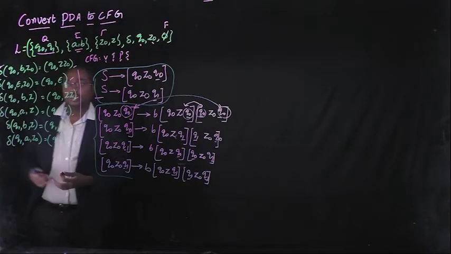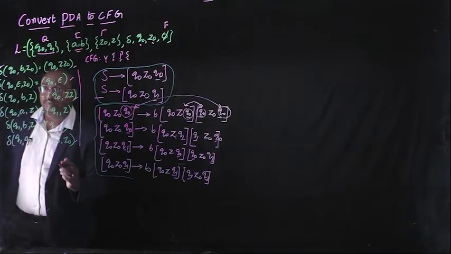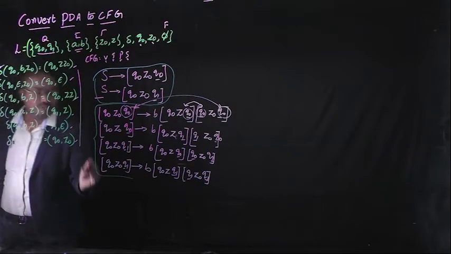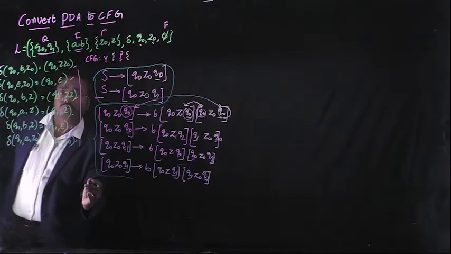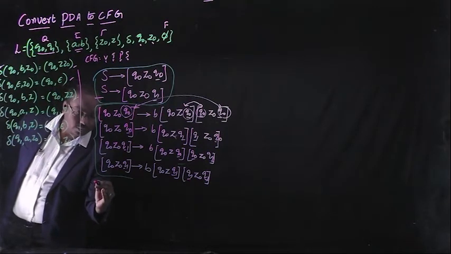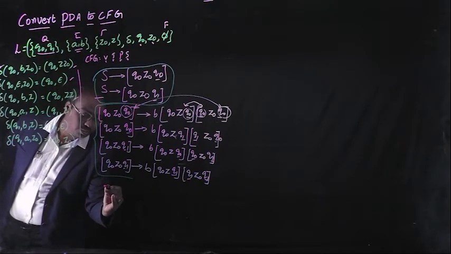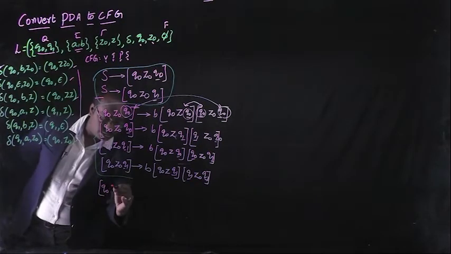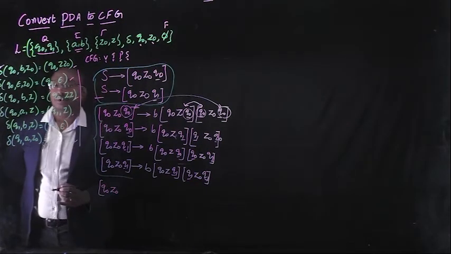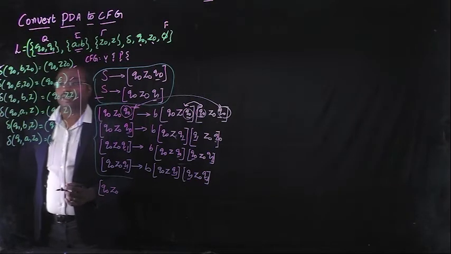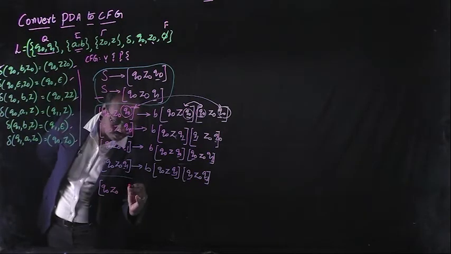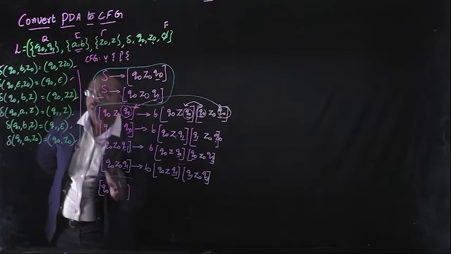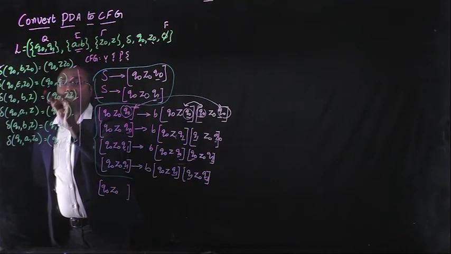So coming to the next production rules, Q naught epsilon Z naught. So then how to write the production rules for this transition function? Q naught, stack symbol Z naught, and so here we can write whatever state we have to take here.